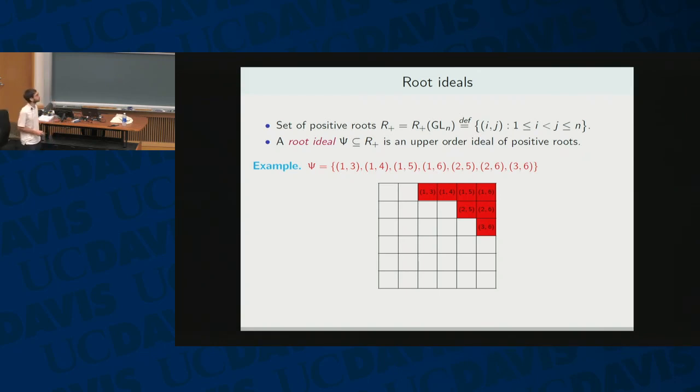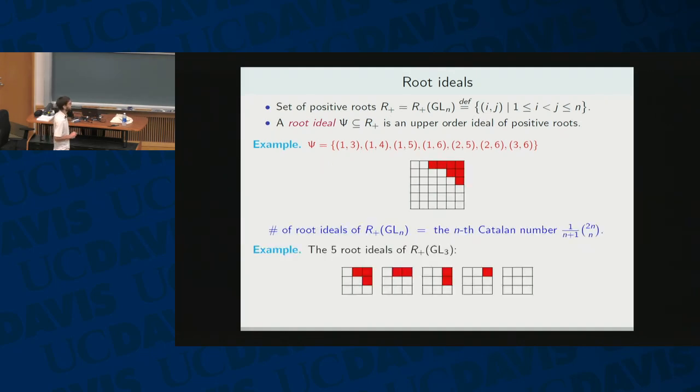A root ideal is just an upper right justified subset of boxes in this R plus, as in this example. And maybe you can guess how many root ideals there are for GLN. Well, this turns out to be the nth Catalan number. Here the Catalan number 3 is equal to 5, and here are the 5 root ideals for GL3.